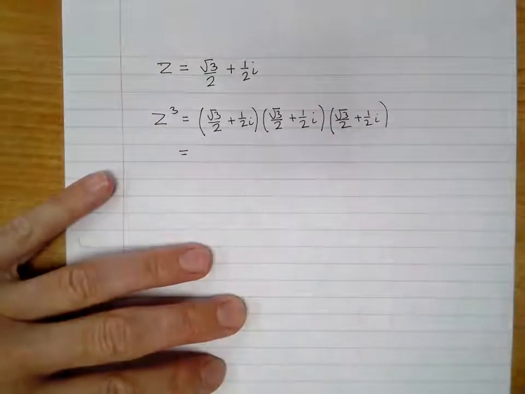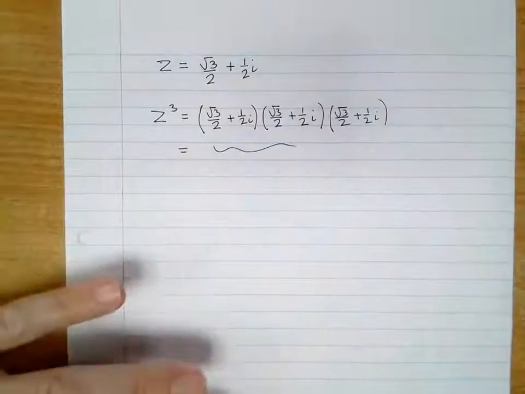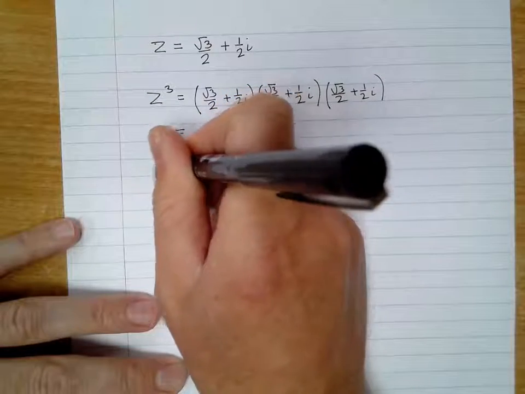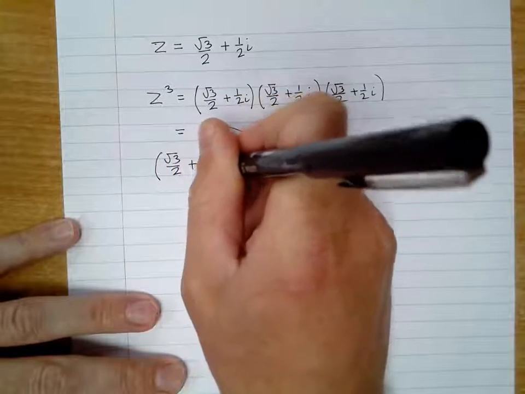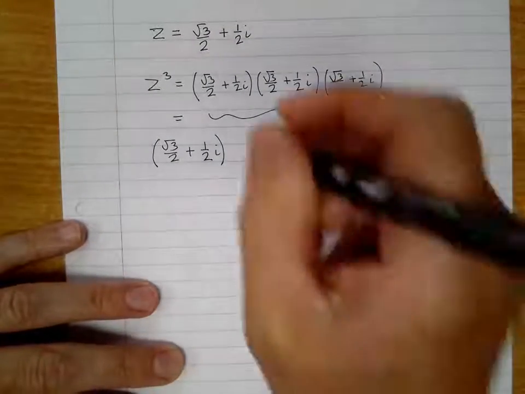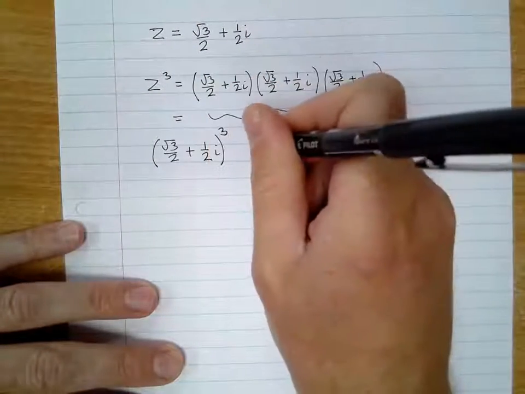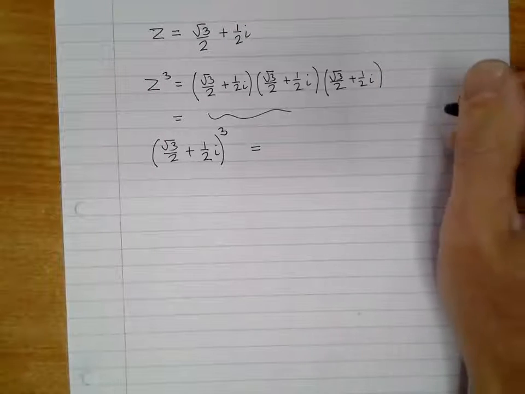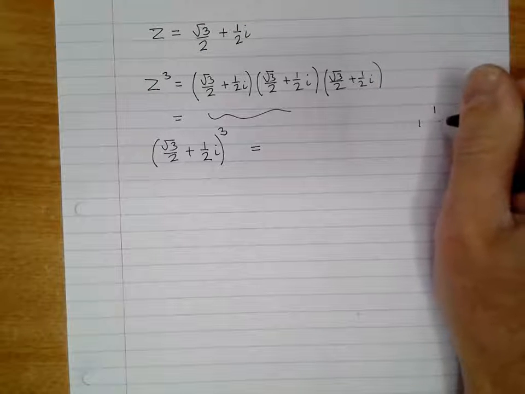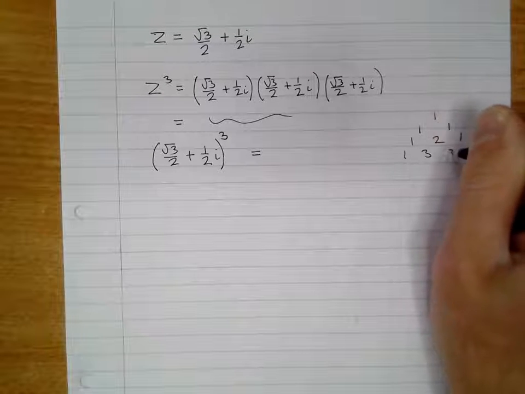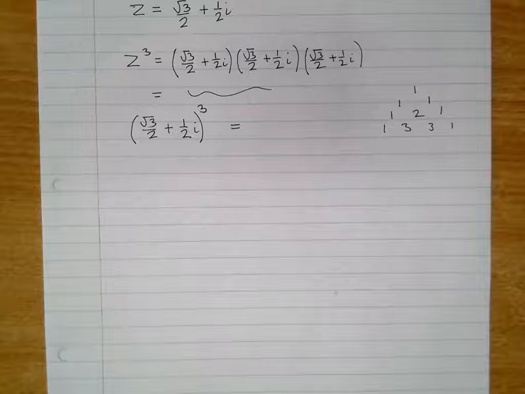Oh, do you know what? Let's do the binomial. I'm sure you'd be able to do that. But if we were to do it using the binomial expansion method, it would go something like this. Root 3 over 2 plus a half I cubed. Okay, so the coefficients are going to be, I don't know if you remember all this stuff, 1, 3, 3 and 1 from the Pascal's triangle.